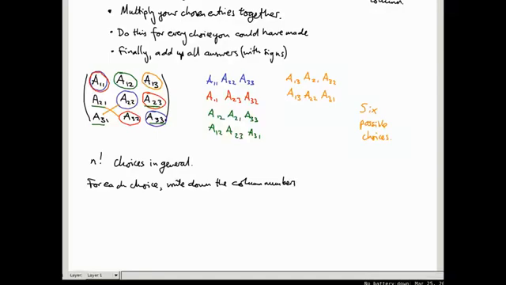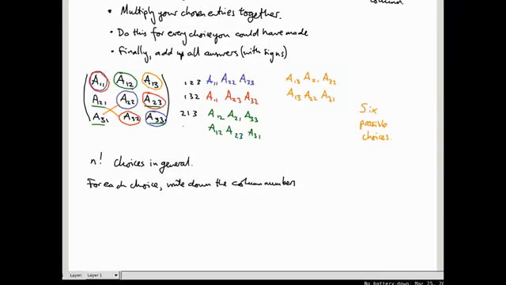So this blue choice would be 1, 2, 3, because I'm picking from columns 1, 2 and 3, but the red choice would be column 1, column 3, column 2. For this first green choice I'm doing column 2 first, then column 1, then column 3.